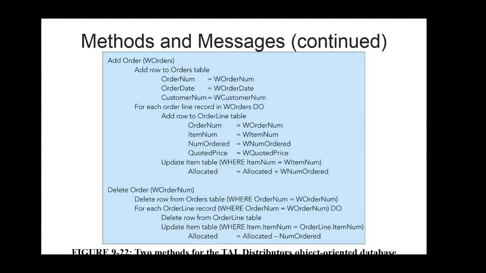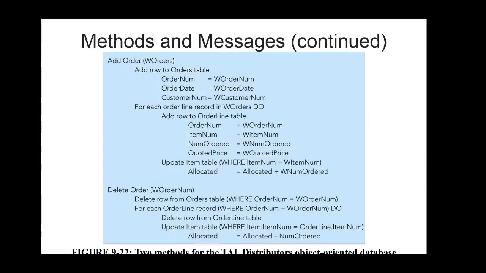In this example, the user can enter data, then the program places the data temporarily in computer memory in a work area named wOrders. The wOrders record consists of a user-entered value for the order number stored in wOrder num, a user-entered value for the order date stored in wOrder date, and so on.